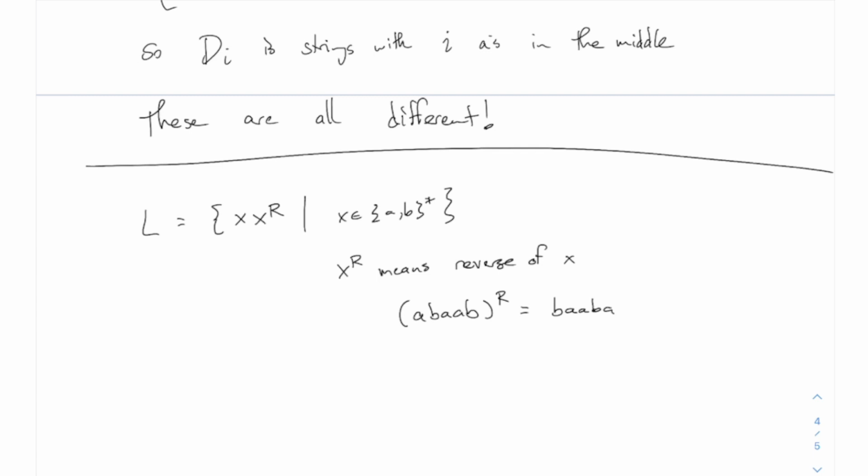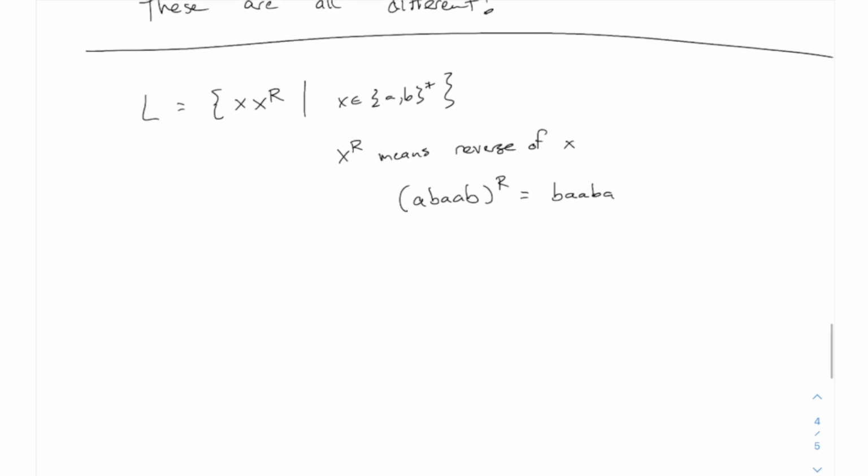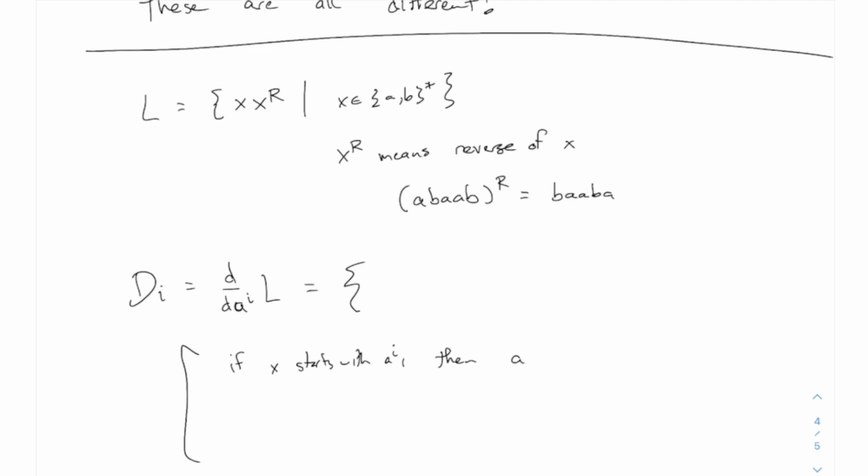All right, I want to do a similar trick to what we just did before. So I'm going to take D_i, the derivative with respect to a to the i of L. When you don't know what x starts with, it could start with anything, so you just make it start with a to the i. On the side here, imagine x really did start with a to the i. Then I'll write x equals a to the i times y.